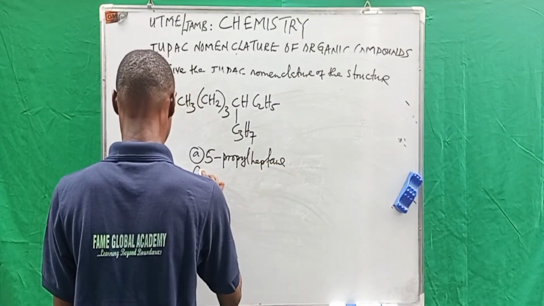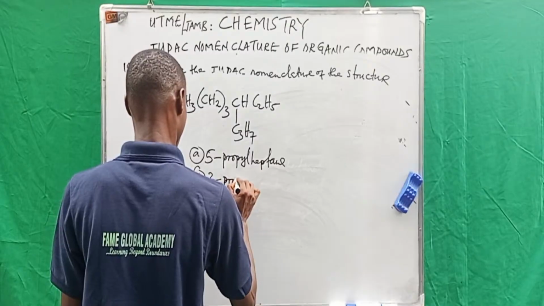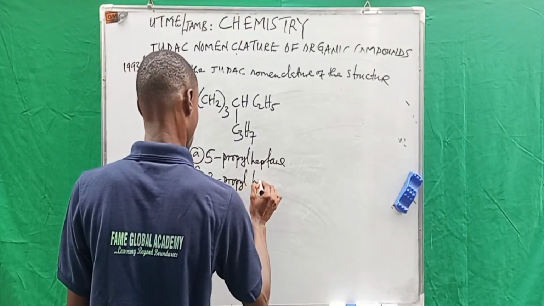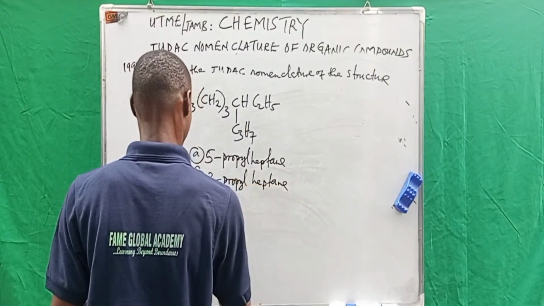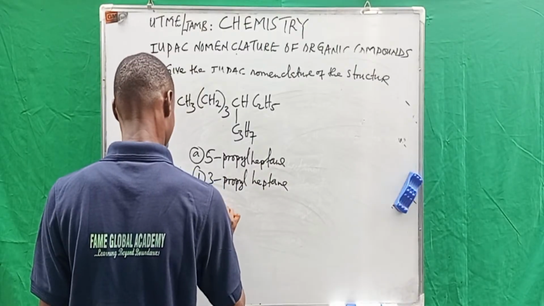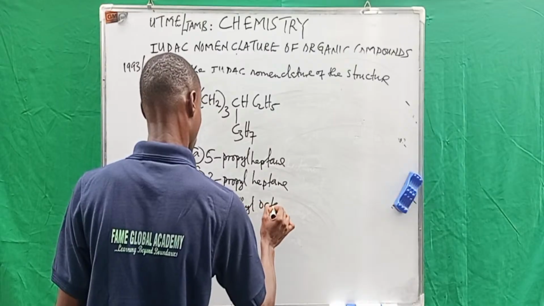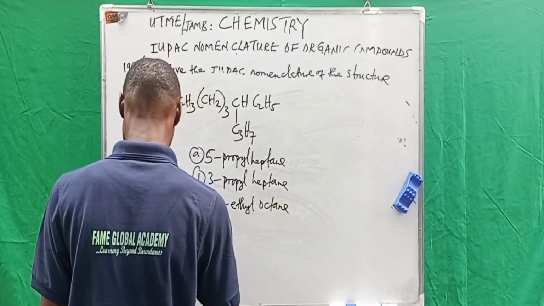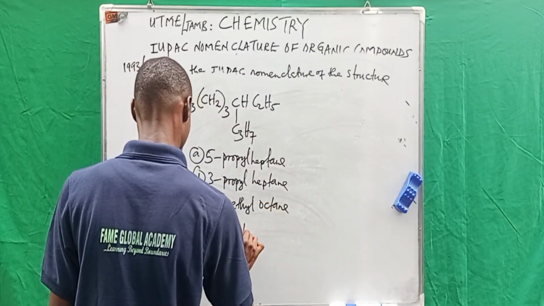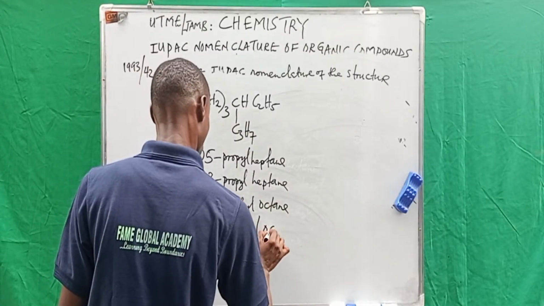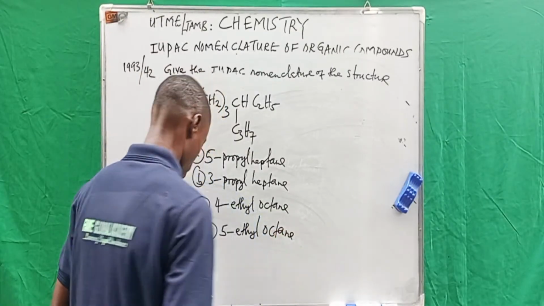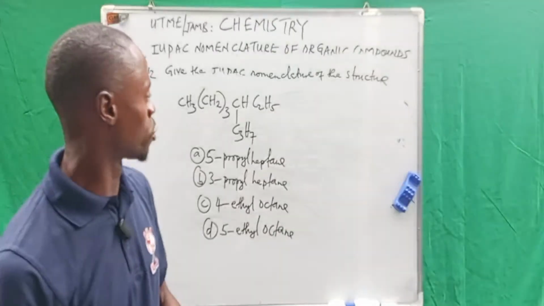Then we have B, 3-propylheptane. And we have C, 4-ethyloctane. Then we have D, 5-ethyloctane. All right, let's look at this question closely.